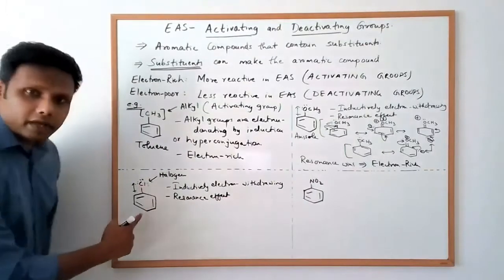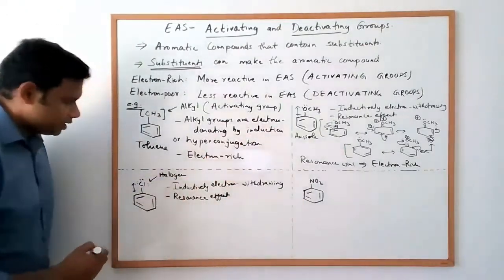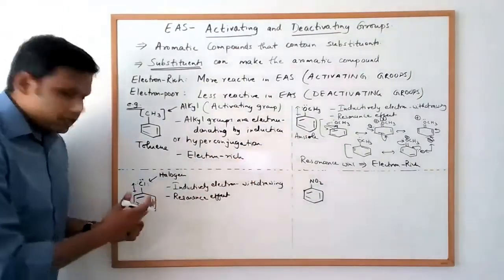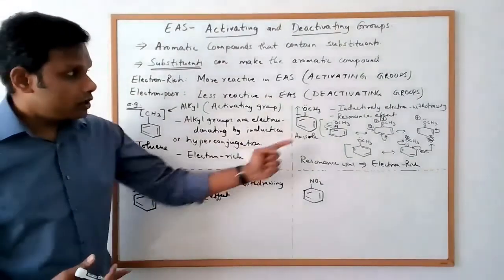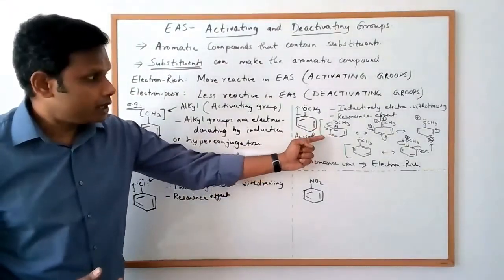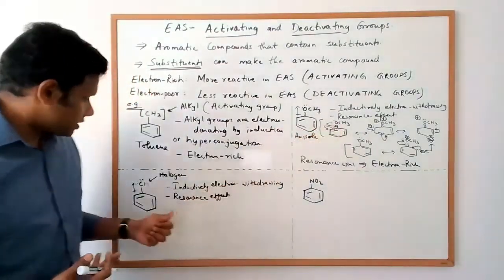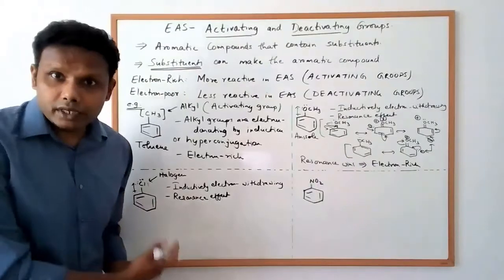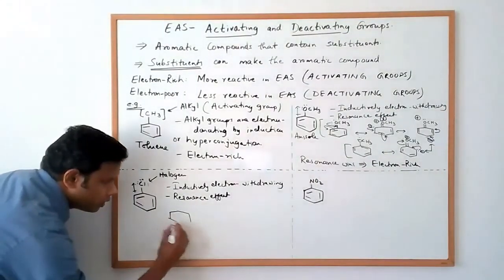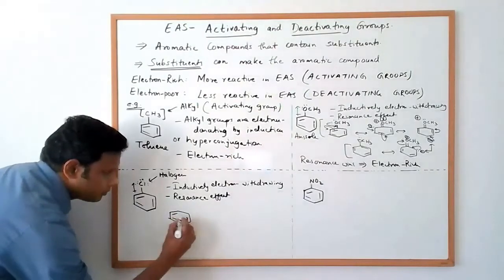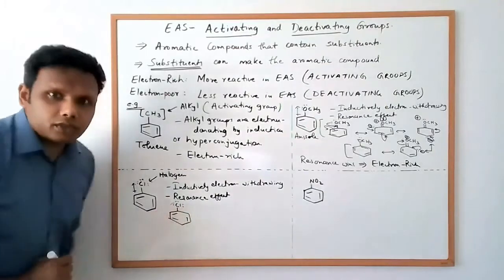And we can write some resonance forms very similar to methoxybenzene. So I would encourage you to actually work through those resonance forms. They're going to look exactly similar to what we have for methoxybenzene, except that the methoxy group is replaced by the chlorine. I'm going to get you started here. So the first resonance form that we have will have a chlorine with 3 lone pairs on it.